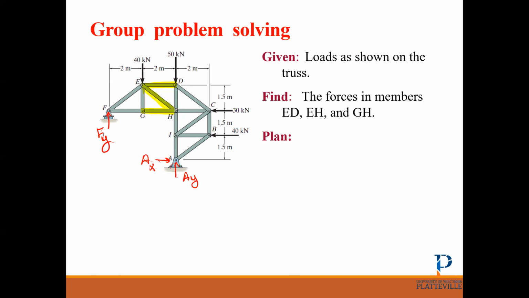Then the next question is which part we would like to analyze, the left side or right side? Yes, correct. If we analyze the left side, we have only one reaction at F, and that's it. Whereas if we analyze the right side, we need to find AX, AY. We have a lot of external load. It makes it harder for us.